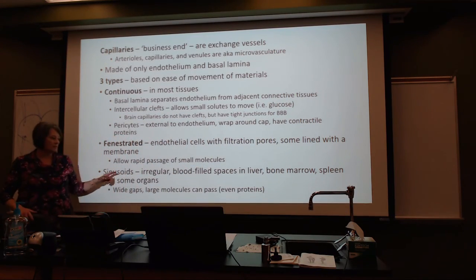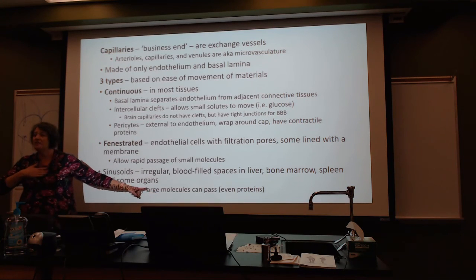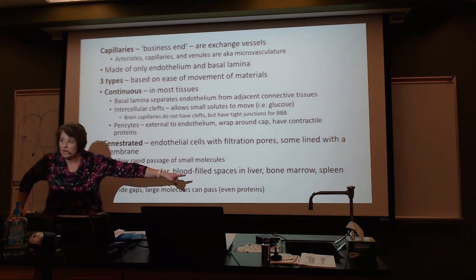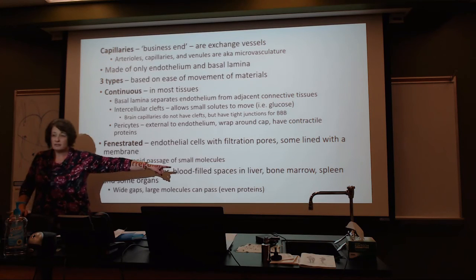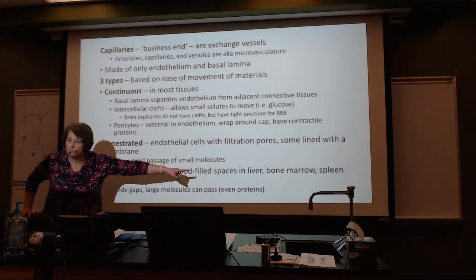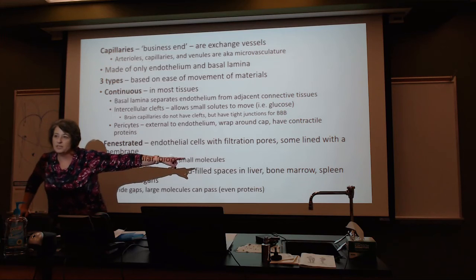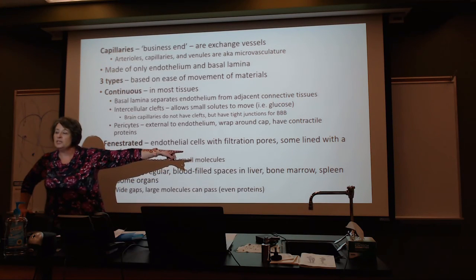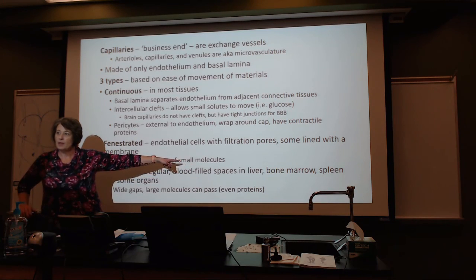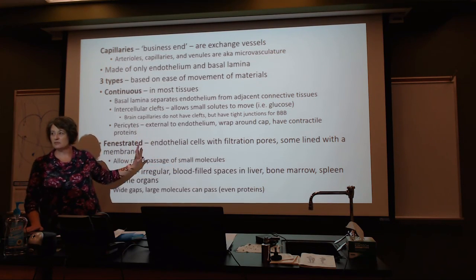One of the things that I definitely need to make and get into the bloodstream is a bunch of proteins that might come from my liver, a bunch of blood cell components that'll come from the bone marrow. I need those blood cell components to move into the spleen to get broken down. Does that make sense? So, based on their ease of movement, we have these three types.